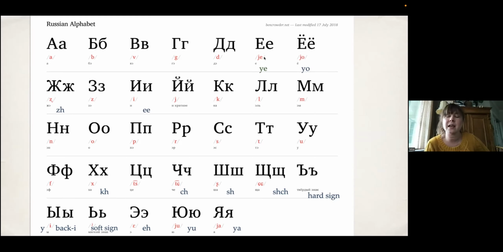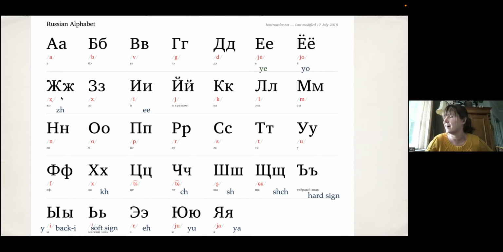And then they have yo, like yo-yo. It looks like E, but it has two dots on top. Then this is one of the S sounds. Russian has 6 different S sounds.